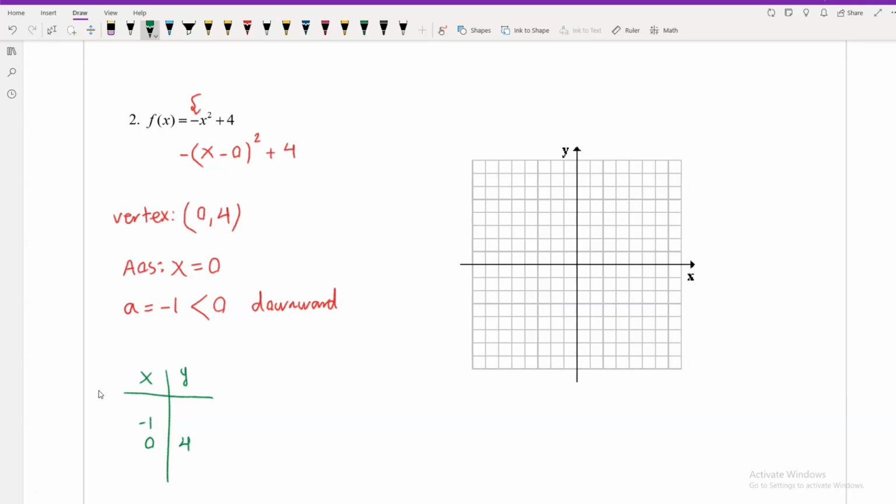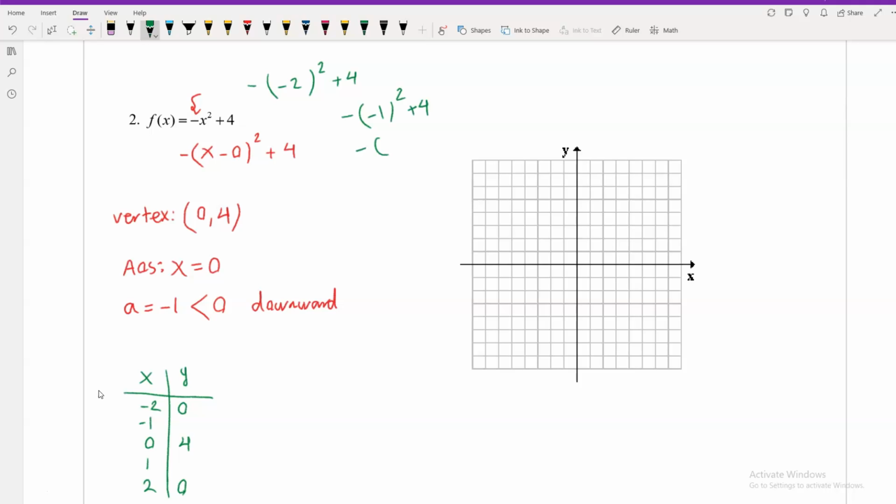I'm using negative 1, negative 2, 1, 2. So we have negative times negative 2 squared plus 4. We have negative 2 squared is 4, times negative is negative 4, plus 4 is 0. We're going to have the same answer for this one. Then we have negative times negative 1 squared plus 4.